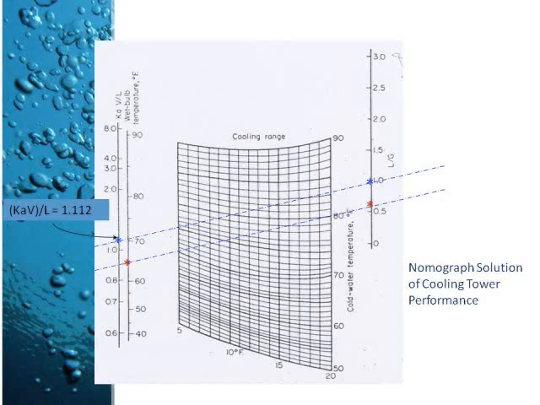Then to find the actual KAV over L, or tower characteristic, we will find the point of the given L over G ratio and then create a straight line parallel to the first line, extending from the L over G line into the KAV over L line. The intersection of this new line with the tower characteristic line will be the value of our KAV over L, which in this case is 1.112.